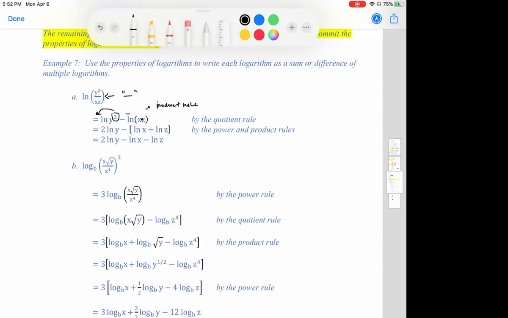Now this whole thing's being subtracted, so I have to be very careful. It's subtracting the whole thing. So let's write some brackets. Ln of x plus ln of z. Now I must be careful and distribute that minus sign, so I can drop my brackets. So lastly, my answer will be 2 ln of y, distribute that negative, so we have ln of x minus ln of z.